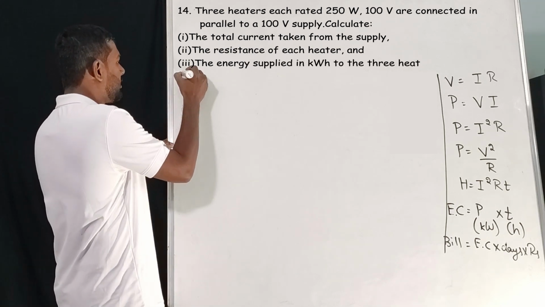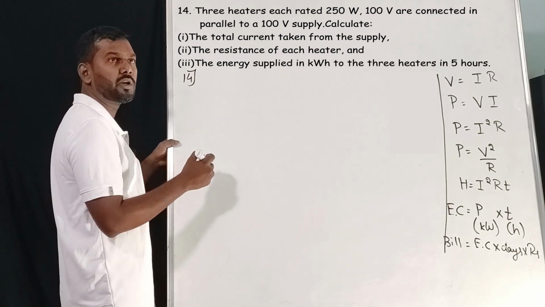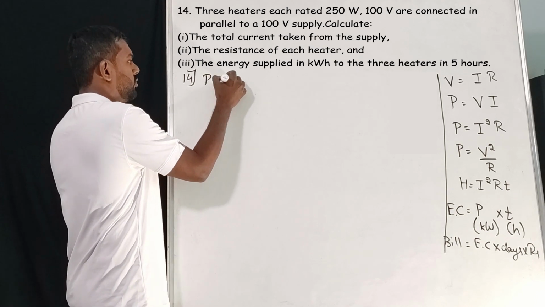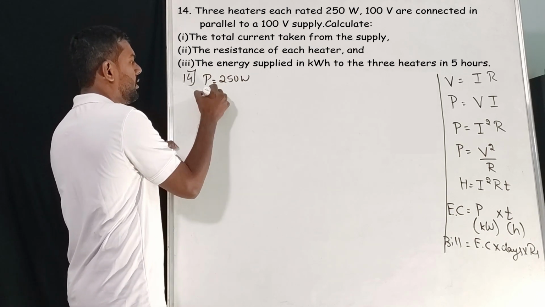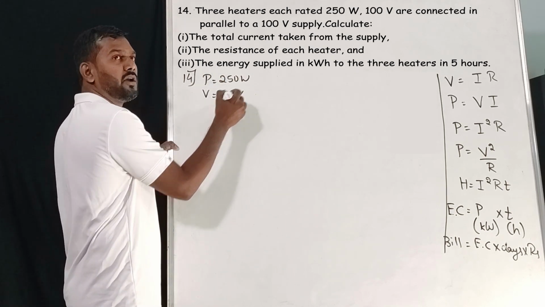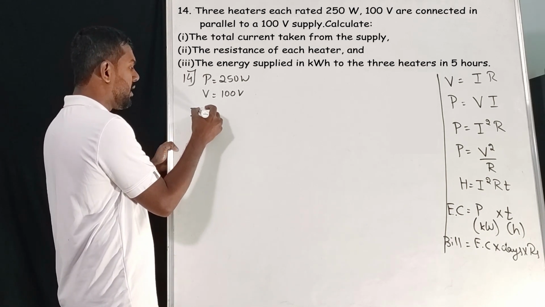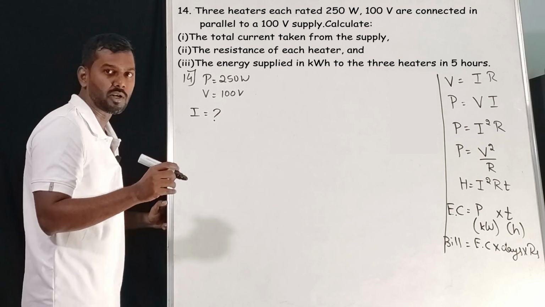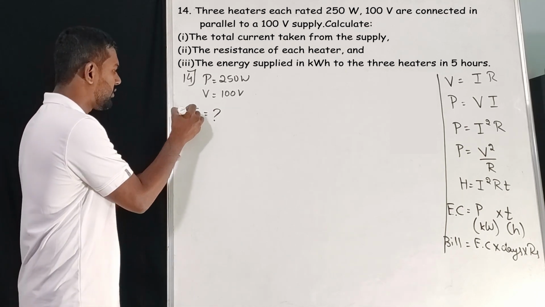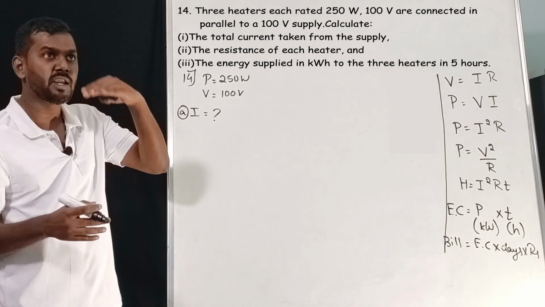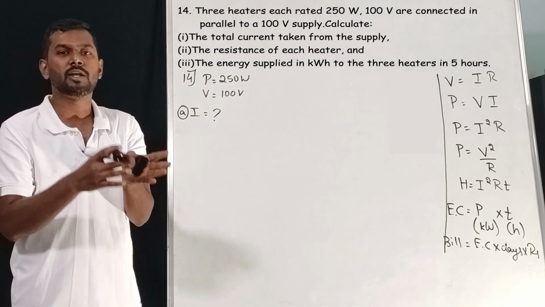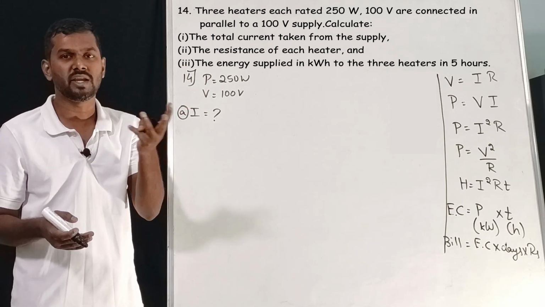See, first we'll write the given data. Question number 14. Power is equal to 250 watt, V is equal to 100 volts, and we need to find the current. This current should be the total current. First of all we'll find the current in each heater, then we'll multiply by 3 because 3 heaters are given, right?